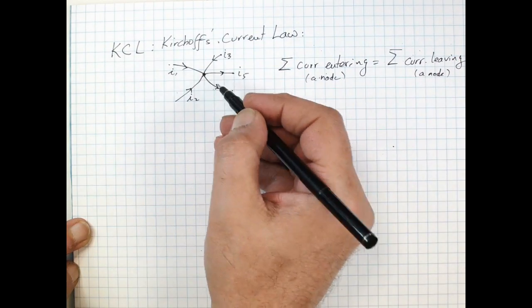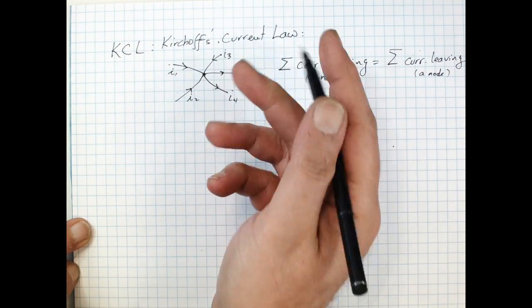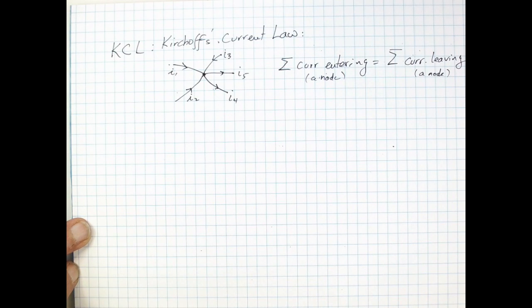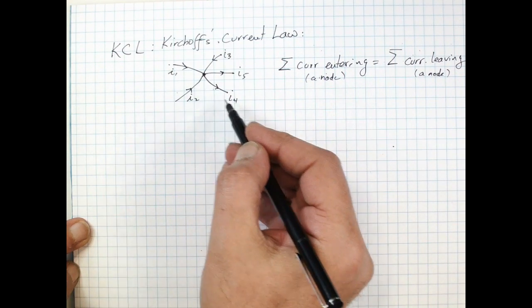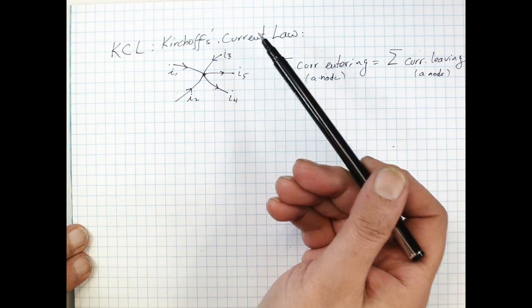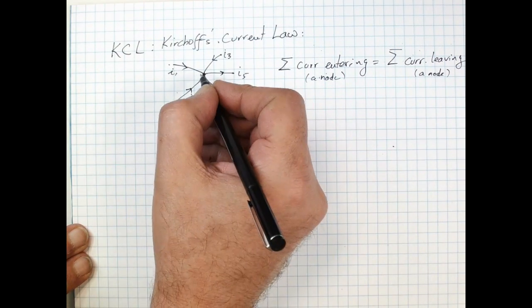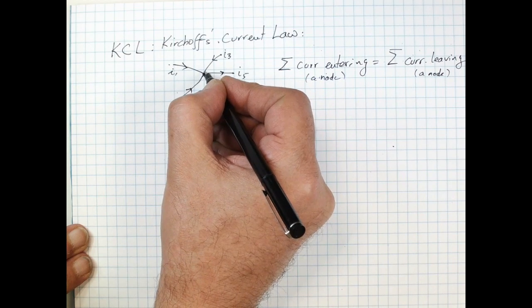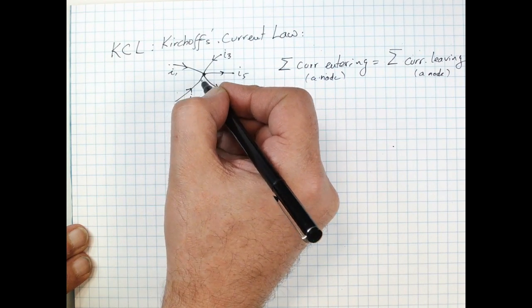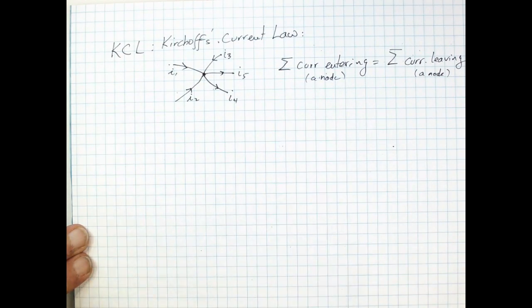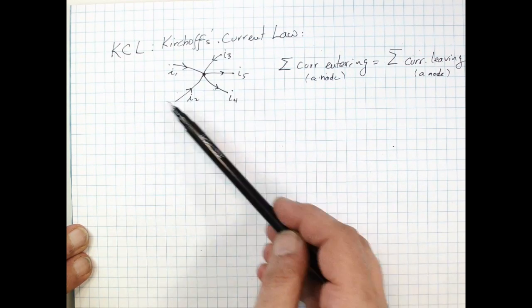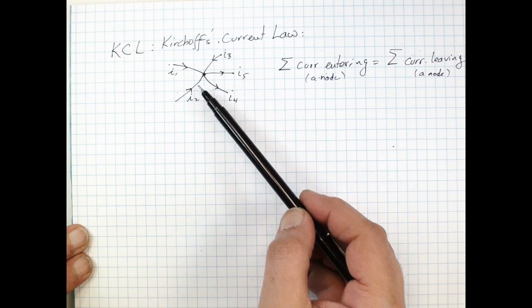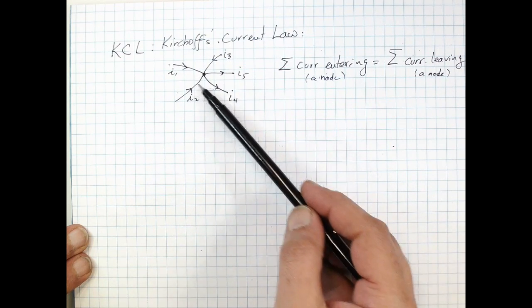Which makes sense. If you make the analogy with electricity and these are pipes of water, Kirchhoff's current law says that the water is not going to pile up at one corner, assuming that all of the pipes are open and clean. If water flows in these pipes, it's going to have to leave through some other pipes.